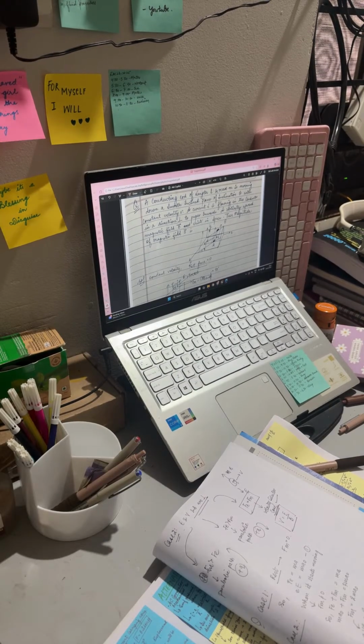A current I is flowing in the conductor, direction perpendicular to the paper inwards.